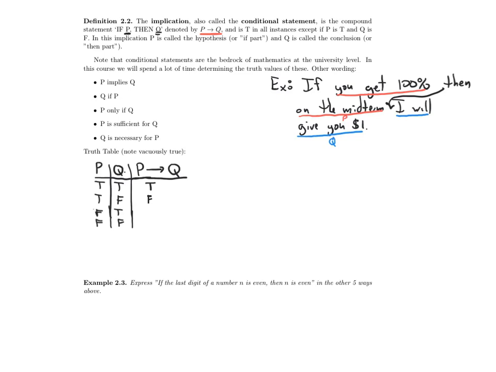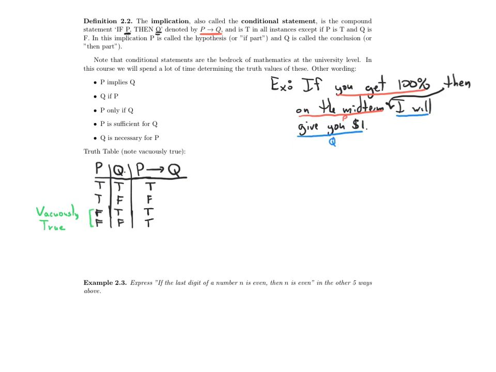These situations here, we have to be a little careful. It says here, if you get 100% on the midterm. So in these situations, you don't get 100% on the midterm. So this sentence doesn't really apply to you. So there's no way you can tell I'm lying just from this information here. So we call these situations vacuously true. If the if part is false, then the conditional kind of doesn't apply. But they're true nonetheless.